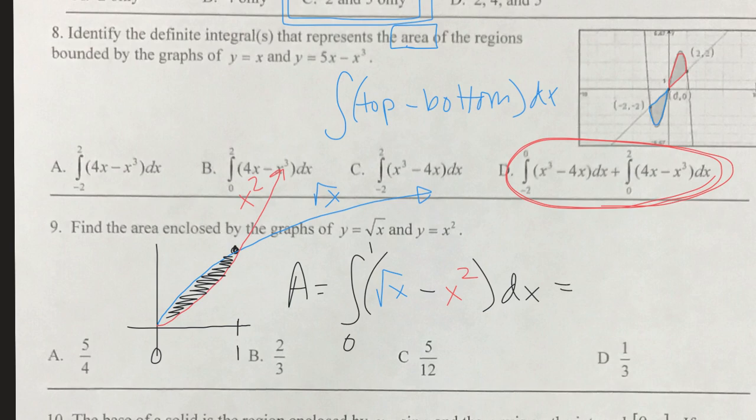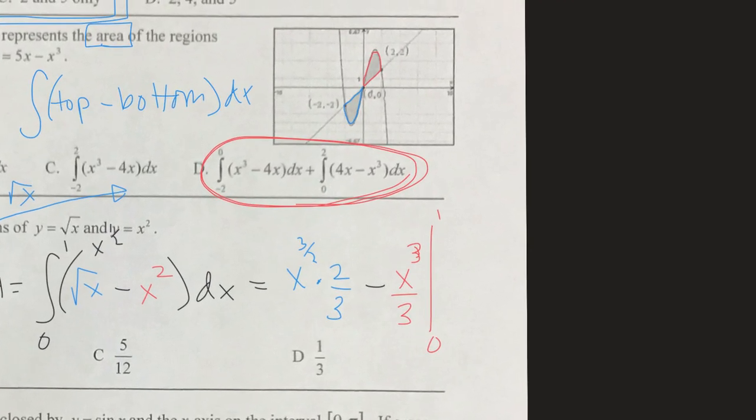So this is basically x to the 1/2. The antiderivative of x to the 1/2 is x to the 3/2 times 2/3, minus the antiderivative of x squared, which is x cubed over 3. So we're evaluating this from 0 to 1.